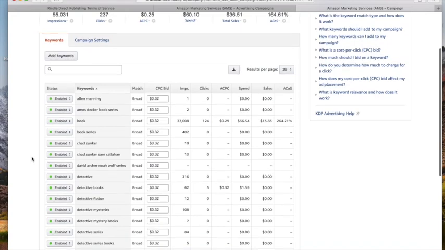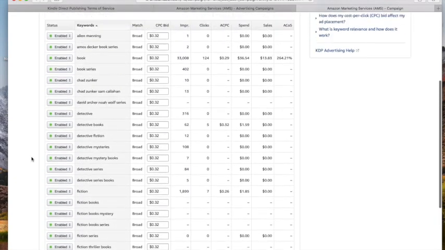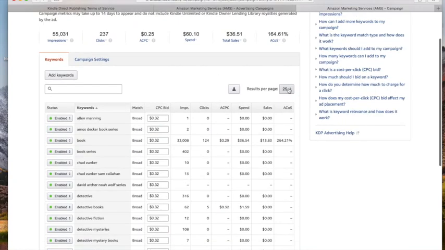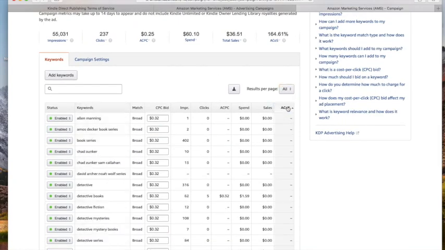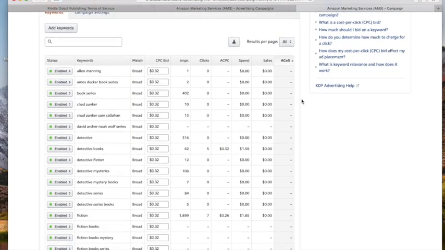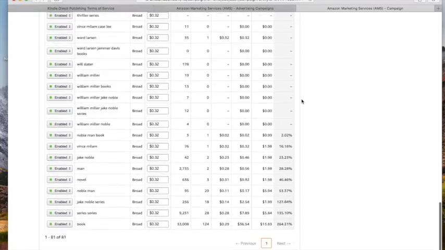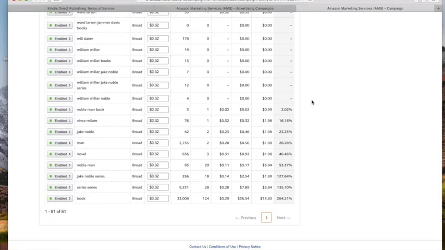Here we are. This is all of the, good Lord golly, that's a lot of keywords. Okay, results per page, we're going to look at all, and then we're going to do the ACOS. All right, we're going to scroll down and see which of those are performing real well and which of them aren't working well for me at all.